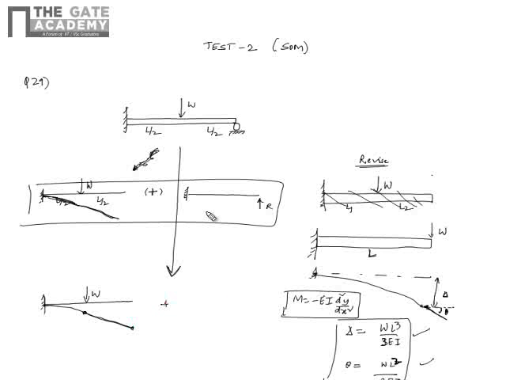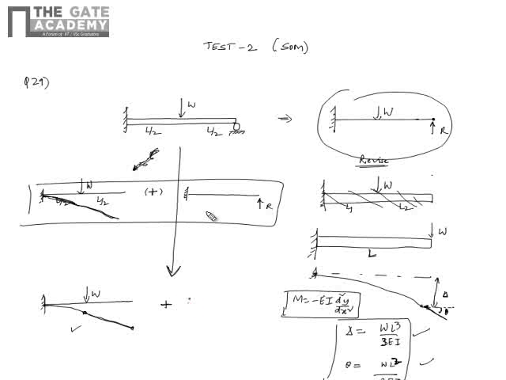Now you have a reaction. If you look at the loading, you have W here and there's a reaction at the prop. At this point the deflection is 0. I'm considering this problem as a combination of two problems. Without R, the bending behavior would be this.